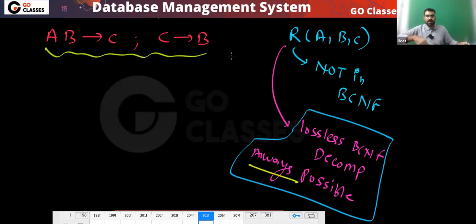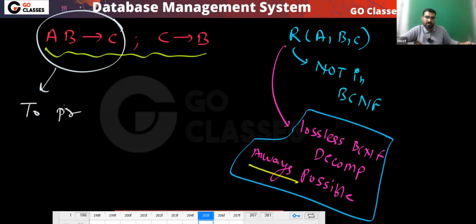But what I'm asking is, to preserve this, use common sense. If you want to preserve this, can you see that they must be in the same table? Agree or not?